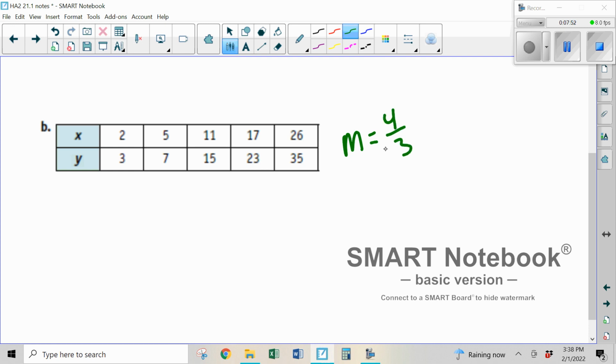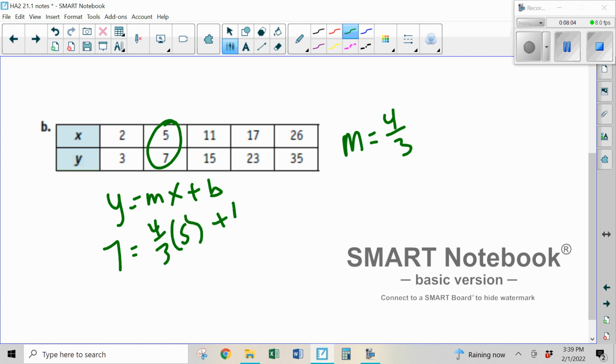So now I need to write my equation. The easiest way for me to do it is to pick a point, my y, plug in the slope I found, plug in the x according to the point I picked. The only thing I don't know is b, so I'm going to solve this for b. So subtract 20/3.